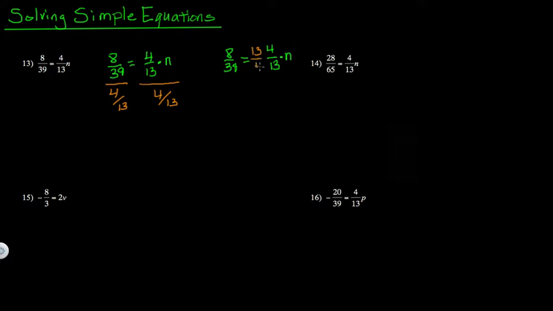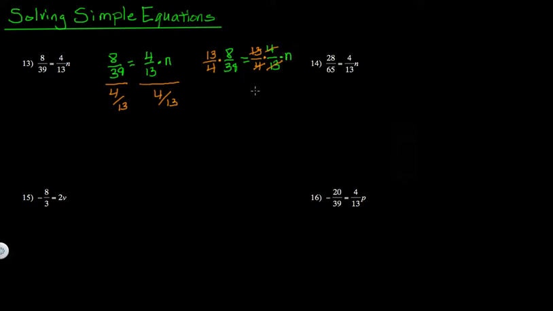So this is 13/4. We're multiplying that side, and we're going to multiply this side by 13/4. All right. And what happens is on the right side, notice how the 13 and the 13 cancel, and then the 4 and the 4 cancel, leaving us with 1 times n, or just n.